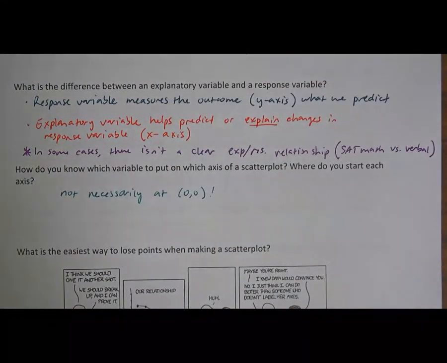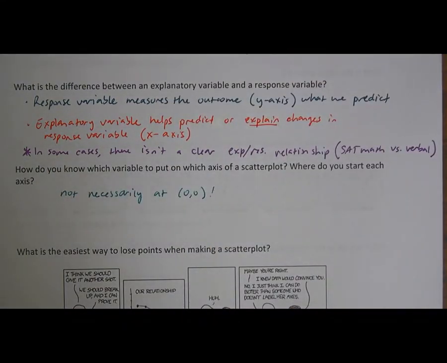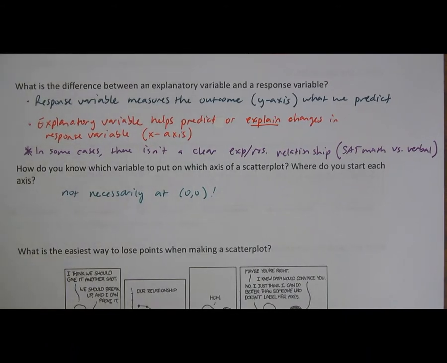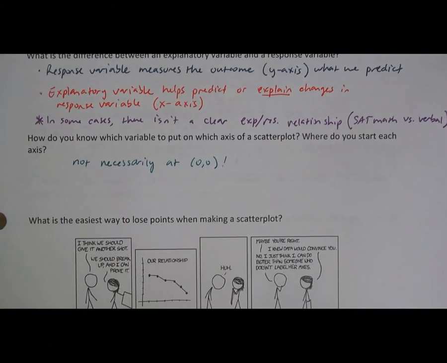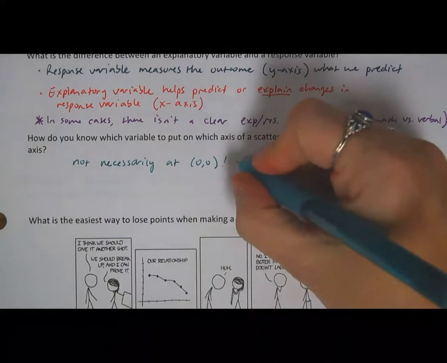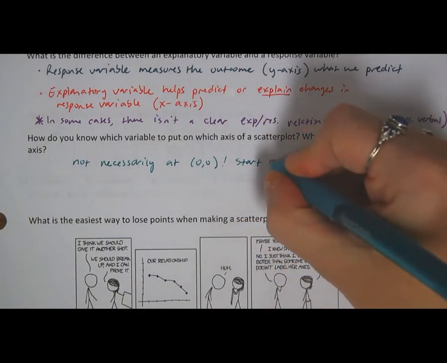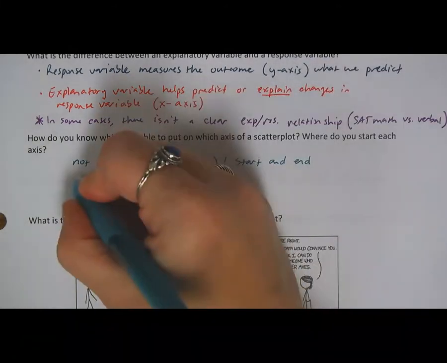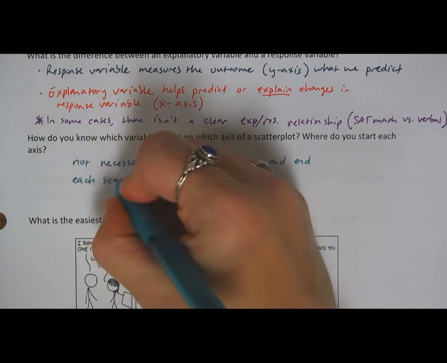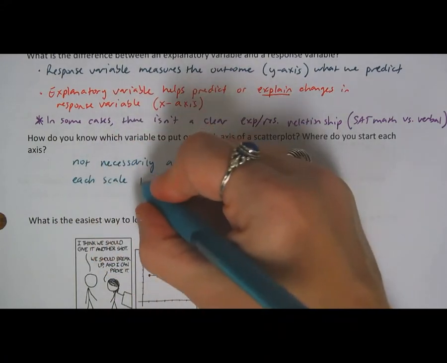You want to start and end each scale to minimize blank space. You don't want to create a bunch of gap when you're building a scatter plot.